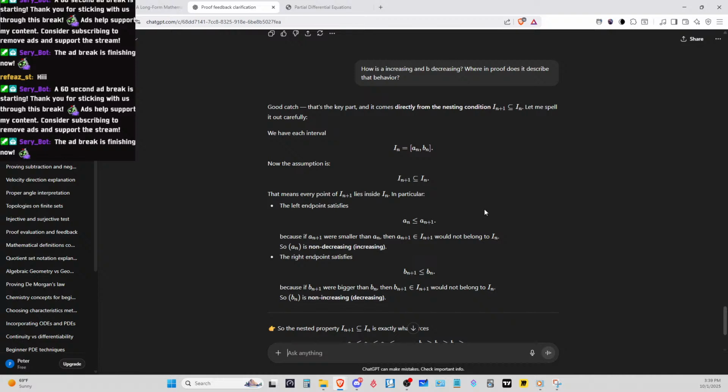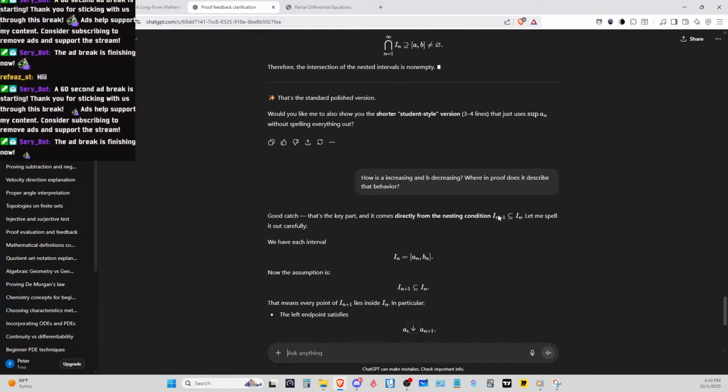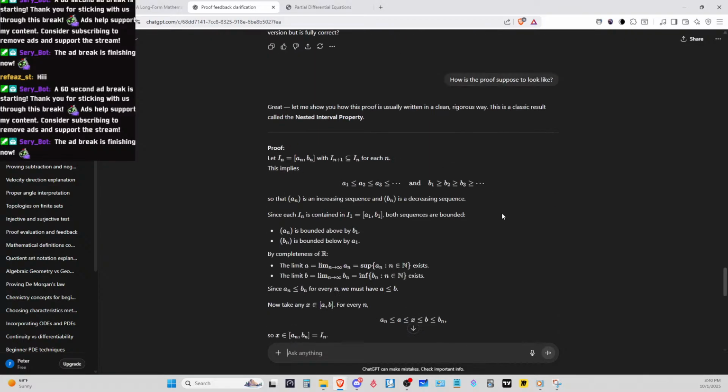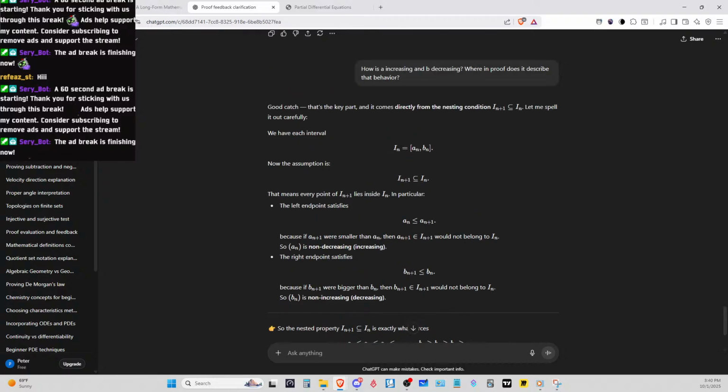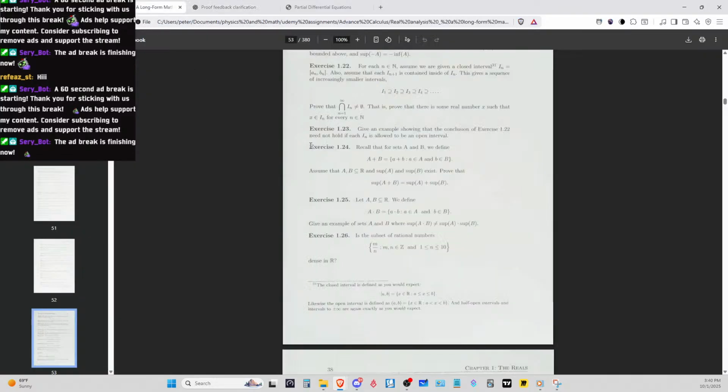Inside I_n in particular, the left endpoint satisfies, because I am smaller than... One thing I'm not getting is, where does that imply that?